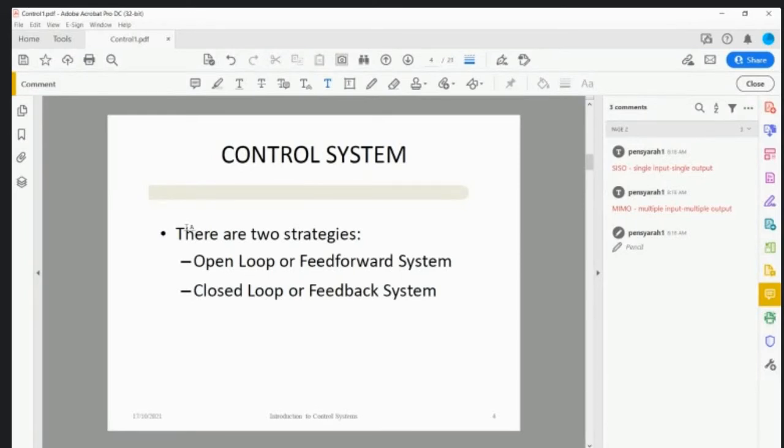There is no loop, that's why the name is open loop, and because it's one way, we call it feed forward. As compared to the closed loop, you can see there will be a loop from the output to the input, and this loop is also known as feedback. So that's why it is called closed loop or feedback control system.